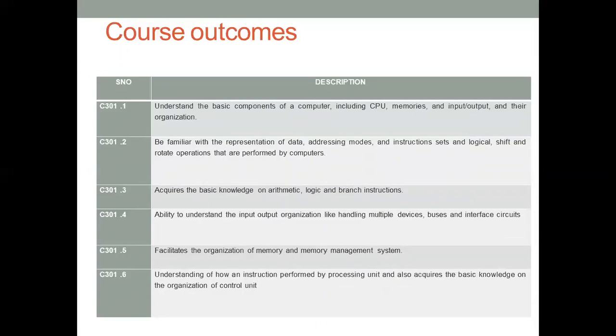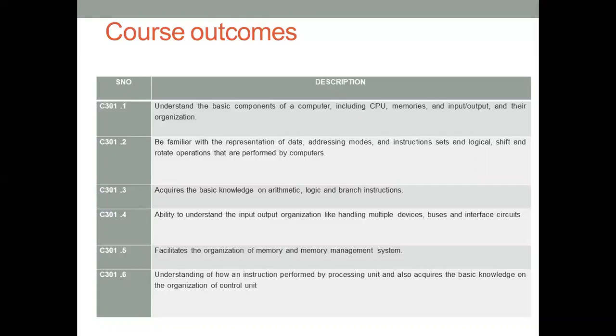Coming to the course outcomes, the first course outcome: by this course, the student will be able to understand the basic concepts of a computer, including CPU, its memory unit, its input-output devices, and their organization.